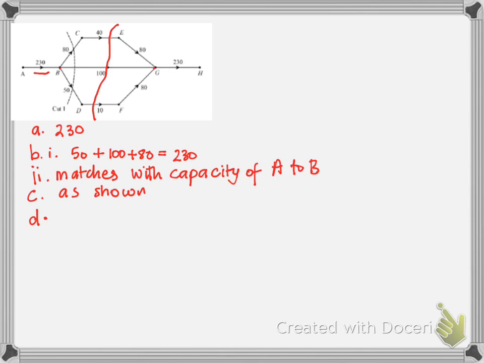You've already determined the minimum cut, which is your maximum flow, and that is going to be 150. And 230 cars can get into the network and 230 cars can get out of the network. So you're asked, how much bigger can I make this road, B to G, to make sure 230 get through?